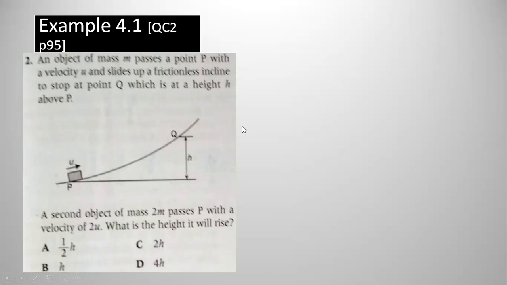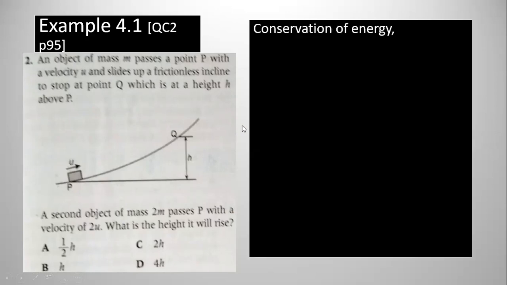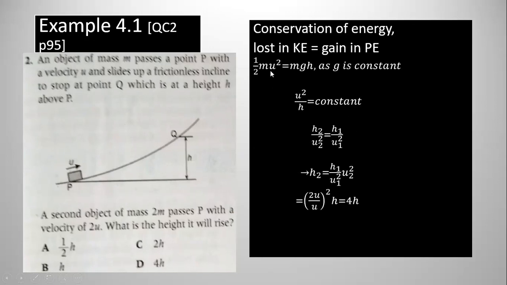So it's conservation of energy. Kinetic changes to potential. As it moved from P to Q, it lost kinetic energy and gained potential energy. So it's half mu squared equals mgh, h is the height.